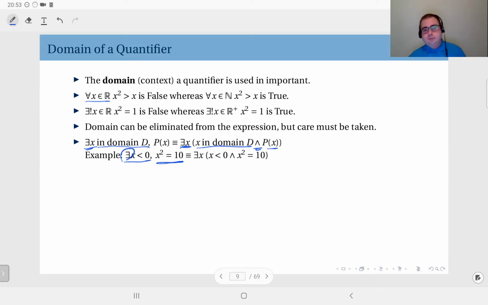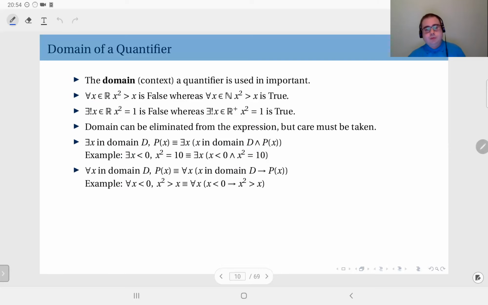There's at least one of them which satisfies x squared equals 10. Okay, I can express this again by there exists an x such that it is negative and at the same time its square is equal to 10. So you just push the domain information inside the statement.